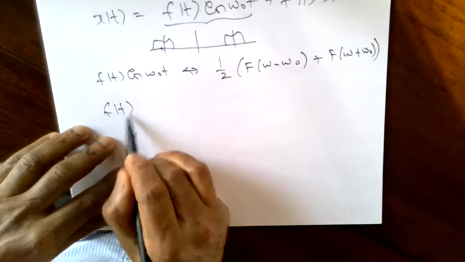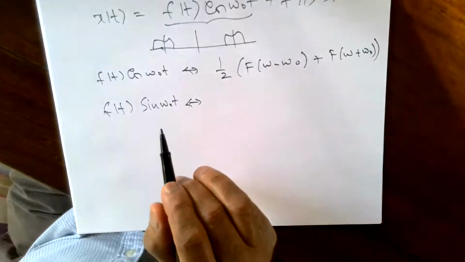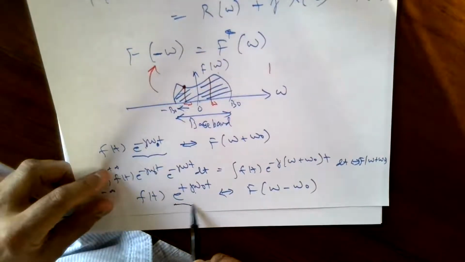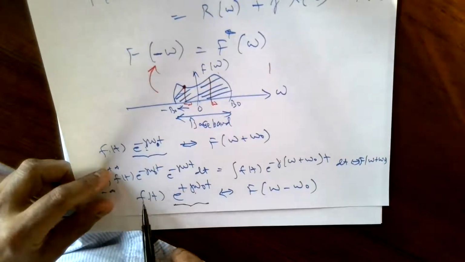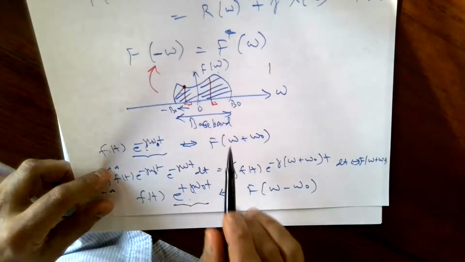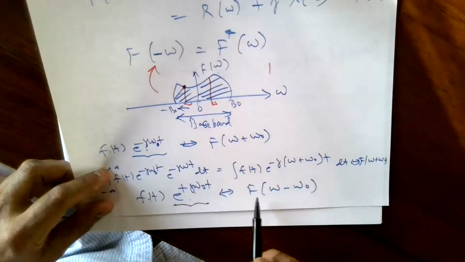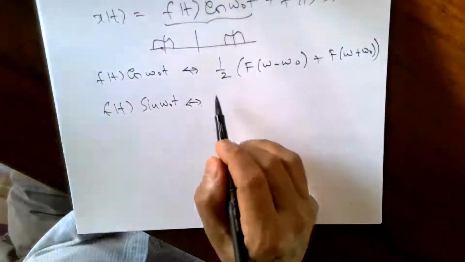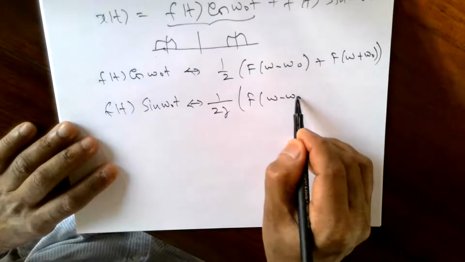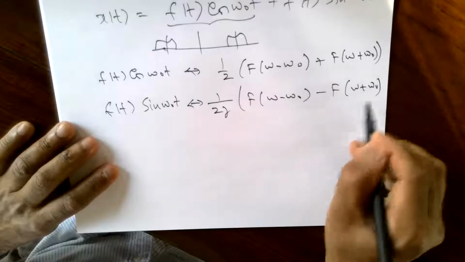So the question is, what is the transform of f(t) sin ω0 t? You can see we have both the terms. sin ω0 t is obtained by this minus this. So this is common. If you subtract this minus this and divide by 2j, remember the Fourier transform is a linear operation, we get 1 over 2j times F(ω − ω0) minus F(ω + ω0).